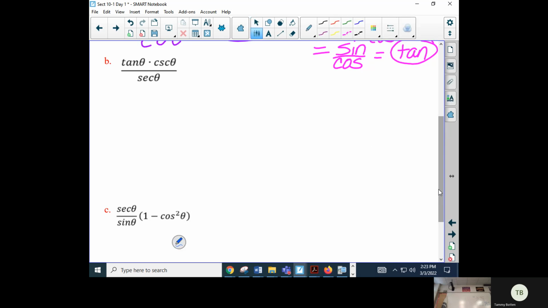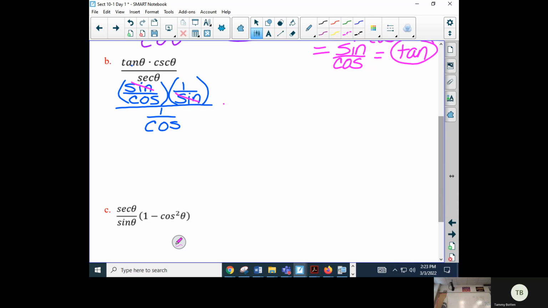Okay, so if we look at this, how can I write tangent in terms of sine and cosine? Sine over cosine. How do I write cosecant? 1 over sine. Very good. And then I'm dividing that by secant, and how do I write secant in terms of sine or cosine? 1 over cosine. Okay. Now, wouldn't your sines cancel?